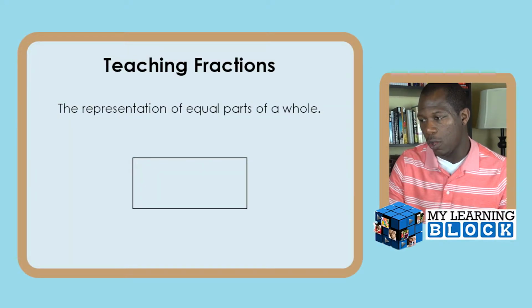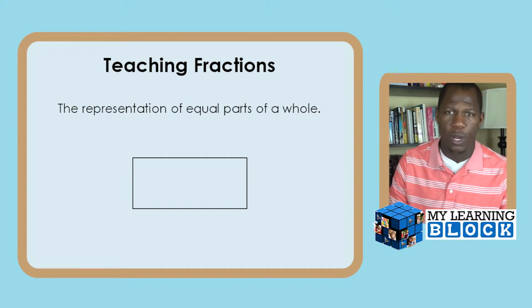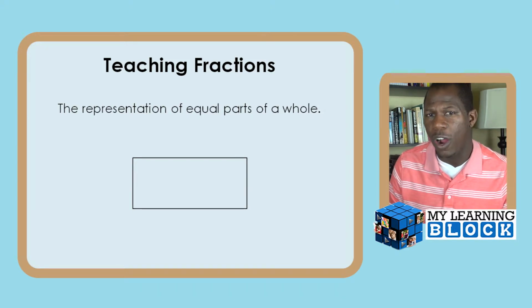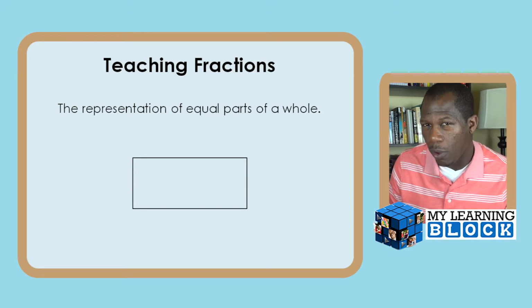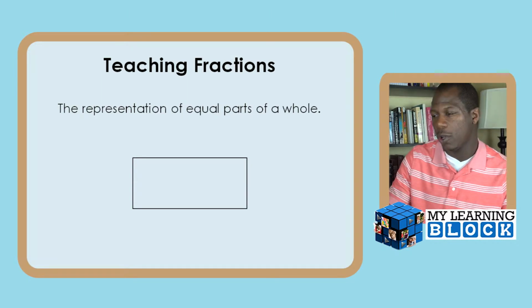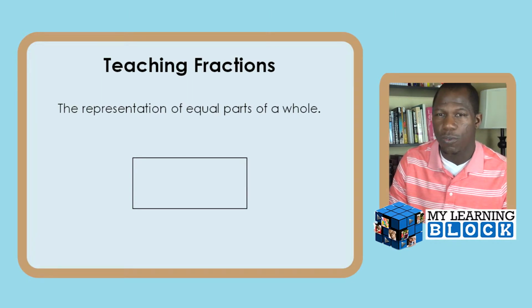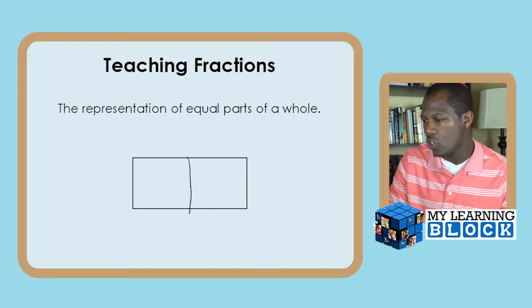Let's get learning. All right, so if you can remember fractions a long time ago in a galaxy far, far away, you remember that they are equal parts of a whole? Yes, that is right. So, for instance, if we had this rectangular object here and we wanted to have 4 equal parts or cut it into fourths, it would look like so.